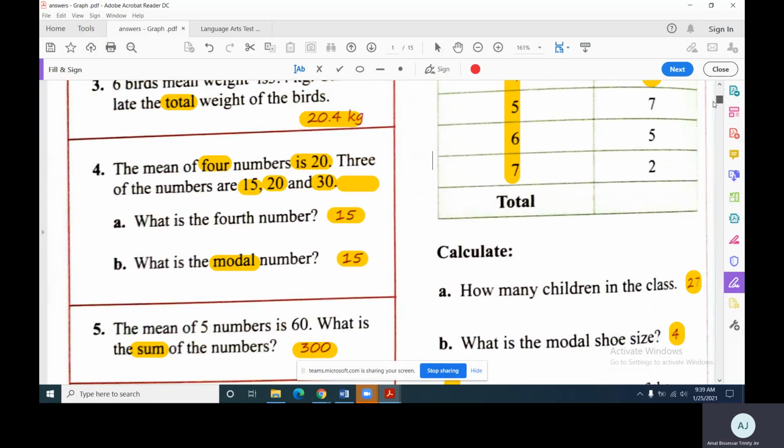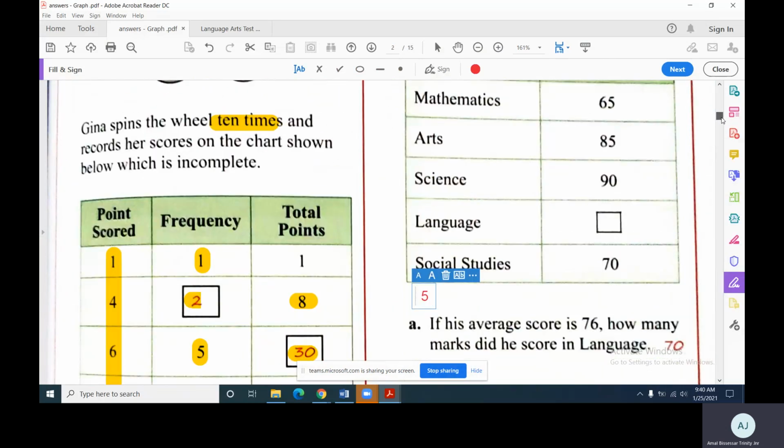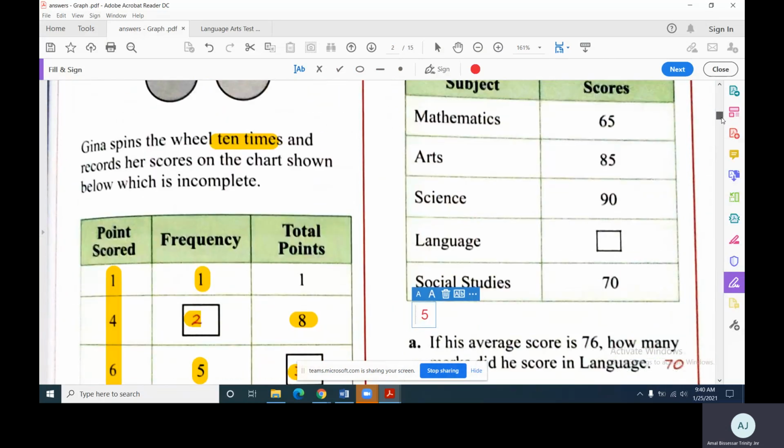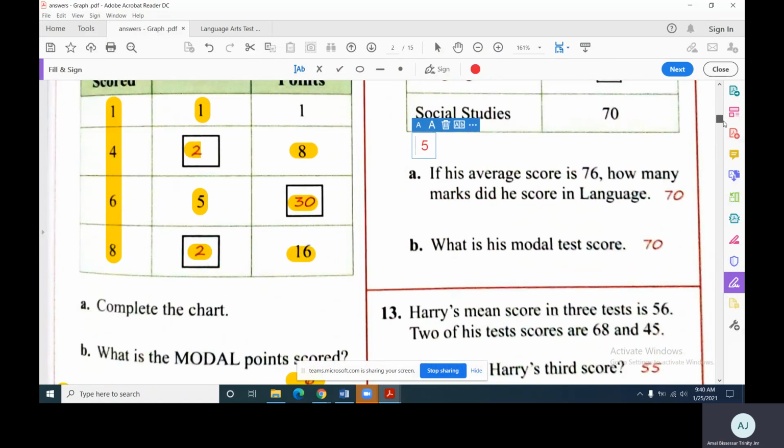Same exact thing. We multiplied 4 by 20 to get 80. We added the 15, the 30, and the 20 to get 65, and then subtracted. So that's the same thing that took place here. We added and got 310. We multiplied by 5 to get 380, and then we subtracted and realized we are missing 70.